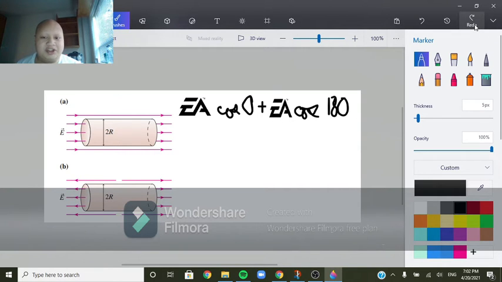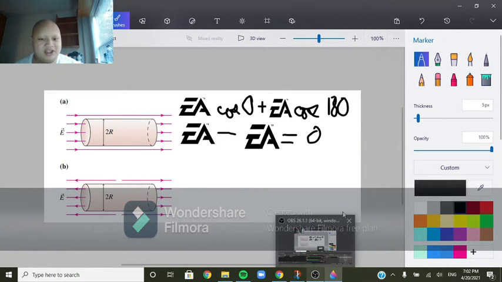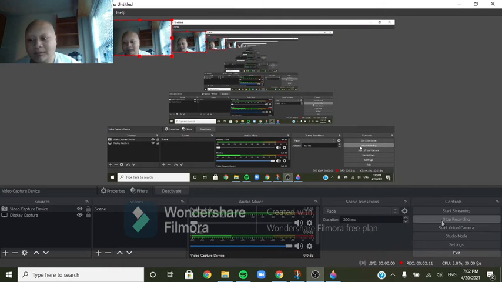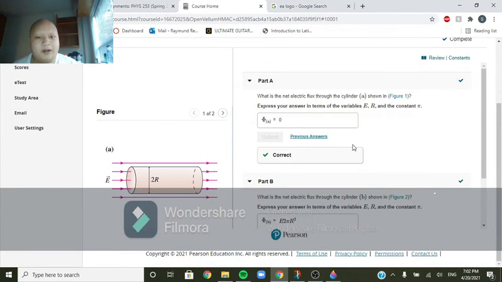The cosine of zero is 1, while the cosine of 180 degrees is -1. So you're basically subtracting EA from EA. You're basically taking all the money away from EA. EA minus EA is 0, and that also takes away the DLCs that are exorbitantly expensive as well. So therefore your answer for part A should be 0.